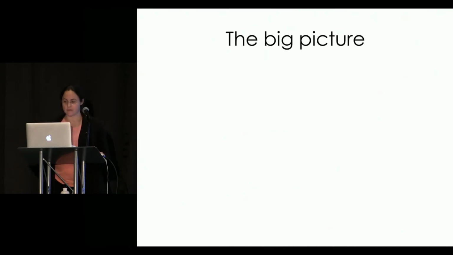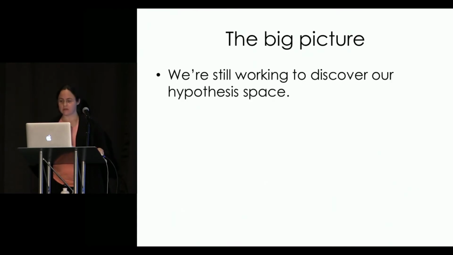Okay, so the big picture of this part of the tutorial, relating it to Sam's tutorial, is that we're also still working to discover hypothesis spaces, essentially. We're also still working to figure out, have hypotheses over what the state space should be, or the action space, or the learning algorithm should be.